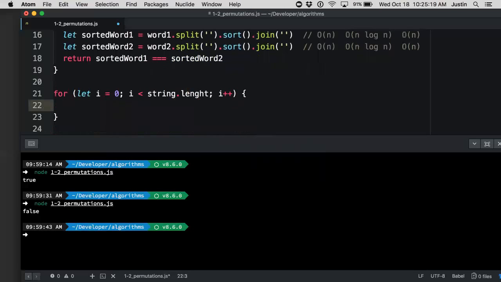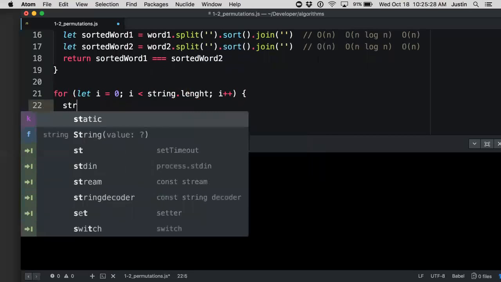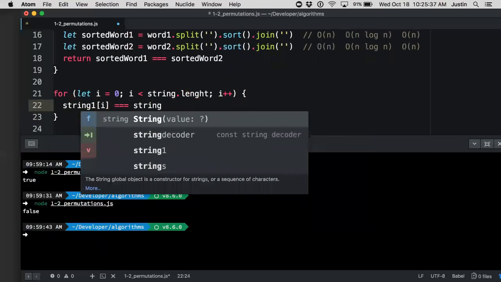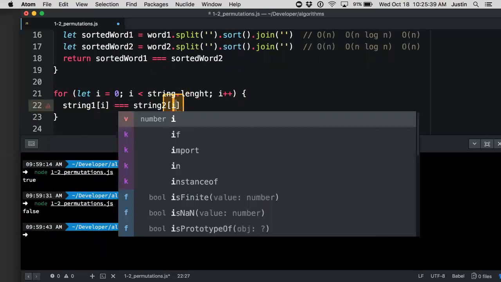So you're going through the whole thing, and then for each character, so this is assuming they're the same length. If they're not, you would know immediately that they're not the same. For each one, you're saying string 1 of i, does that equal string 2 of i, right?